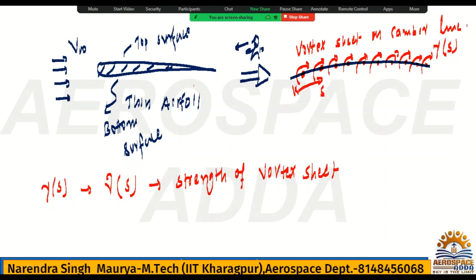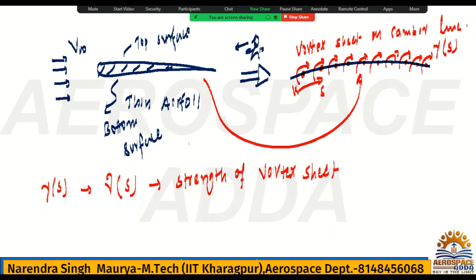So now this thin airfoil can be represented like this. Because it is very thin, if you stand somewhere, the vortices over the top and bottom surface will coincide with each other. The airfoil will be replaced by a single vortex sheet distributed over the camber line of the airfoil.